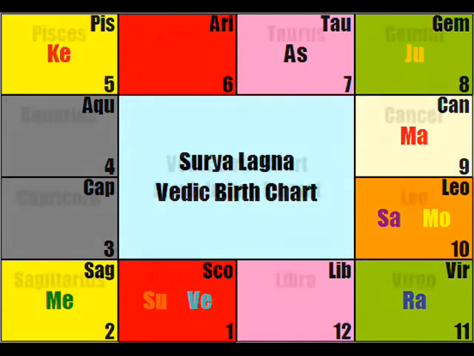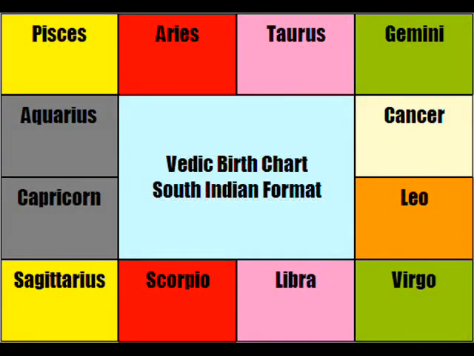The signs, which are also called the Rasis, are classified as movable, fixed, and dual. Before I give you the table containing the classification, I want to show you the way by which it can be derived.